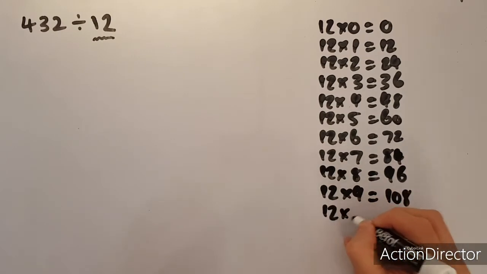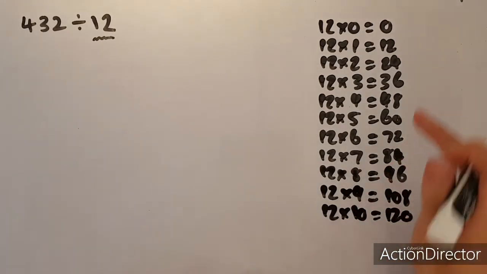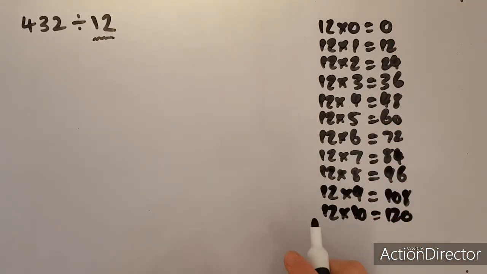And 12 times 10 gives me 120. Now I've written the first 10 multiples of my divisor, which is 12.